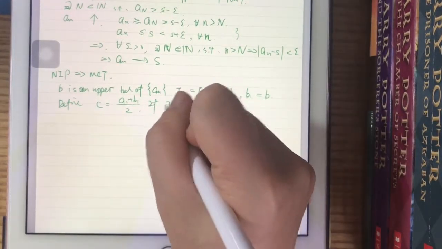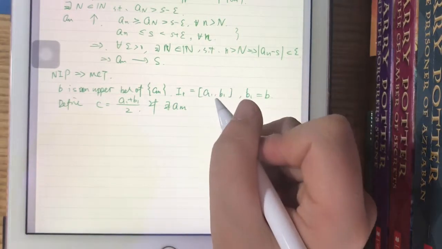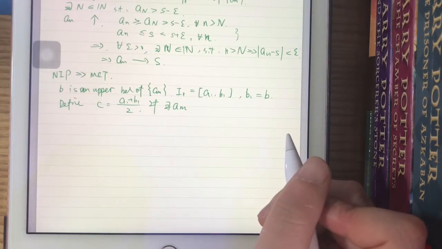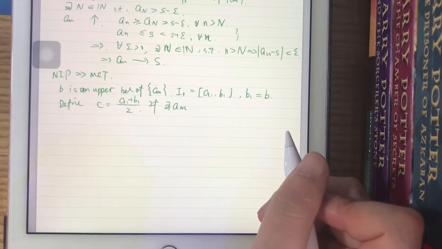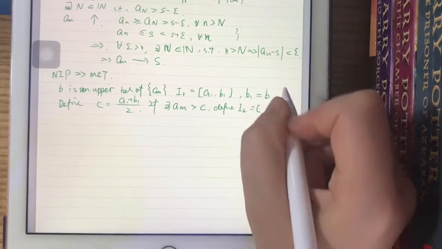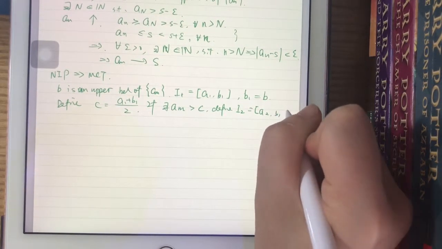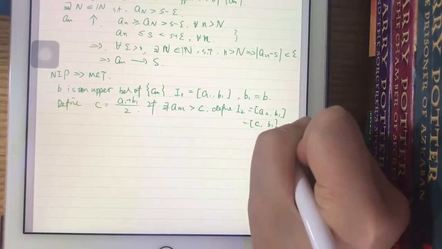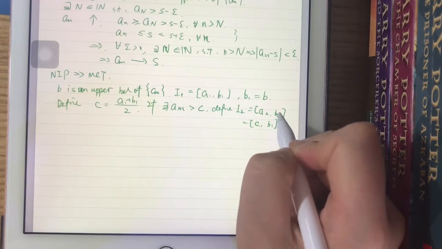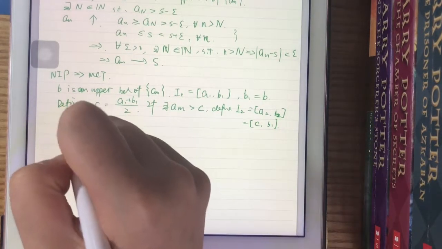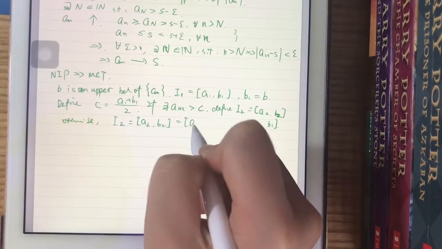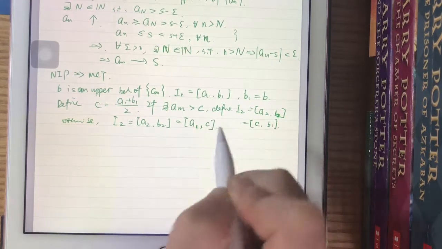And similarly, if there exists some element of the sequence, say A_M, larger than C, then we define I_2 to be A_2 to B_2, which is C to B_1. So we let A_2 be C and B_2 be B_1. Otherwise, I_2 will be A_1 to C, right? It's pretty much the same.